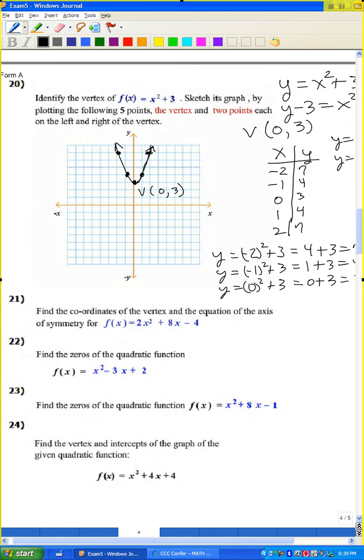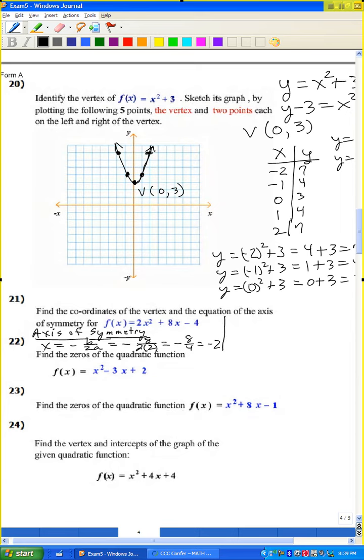Find the coordinates of the vertex and axis of symmetry. So for the axis of symmetry, x equals negative b over 2a. So negative 8 over 2 times 2, negative 8 over 4, negative 2.